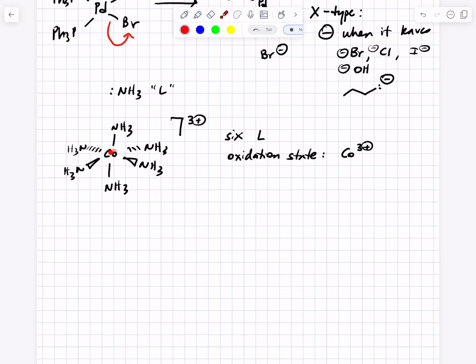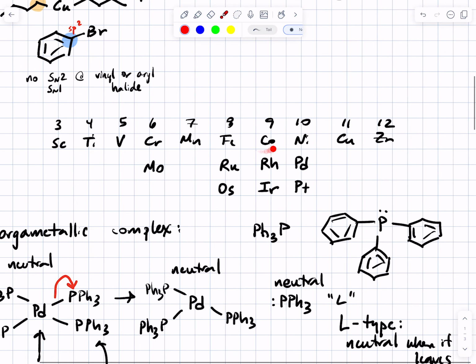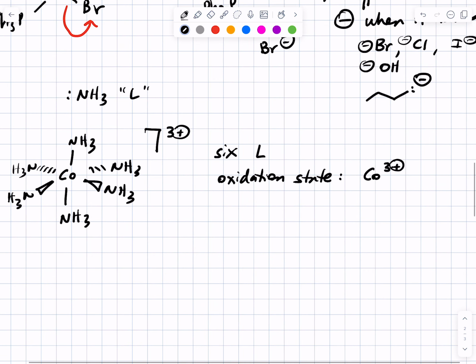Now, cobalt normally has 9 valence electrons. But its oxidation state is +3. So how many d electrons does cobalt actually have? 6. So we'll say it's a d6 metal.